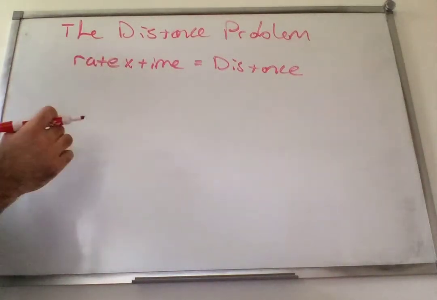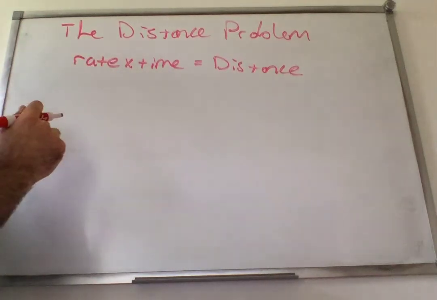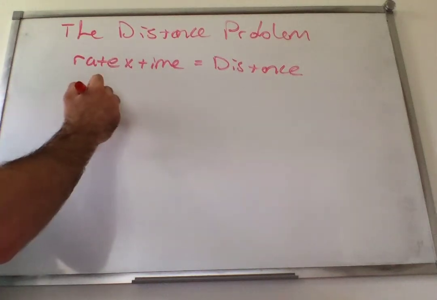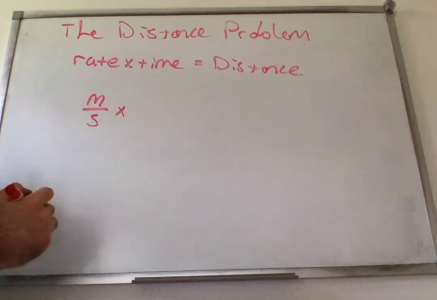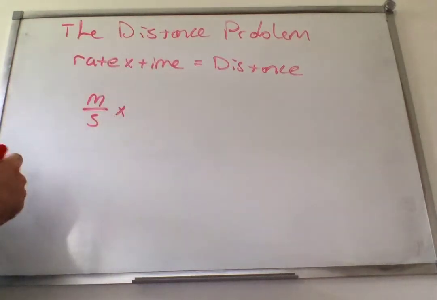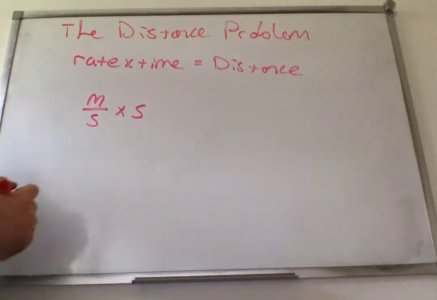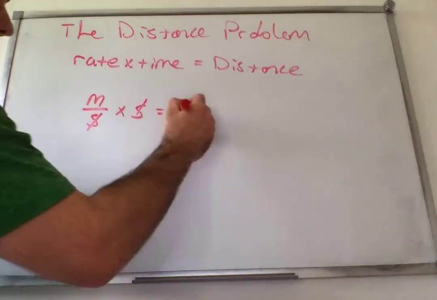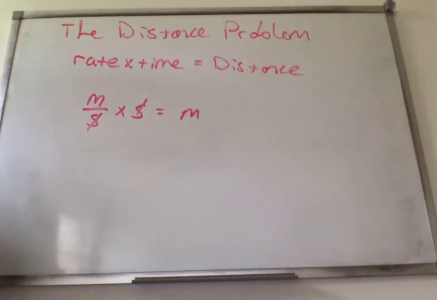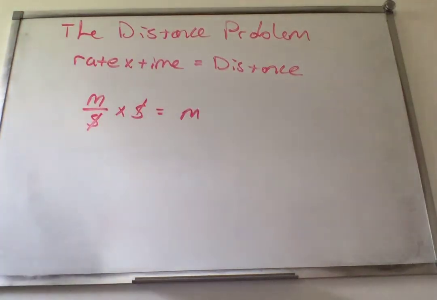Now rate, this is a velocity right here, something like meters per second. You're multiplying this by some time. Everything's going to be in the same units, seconds, and you get a distance, which these cancel out, and you do get meters. You do, in fact, get a distance.